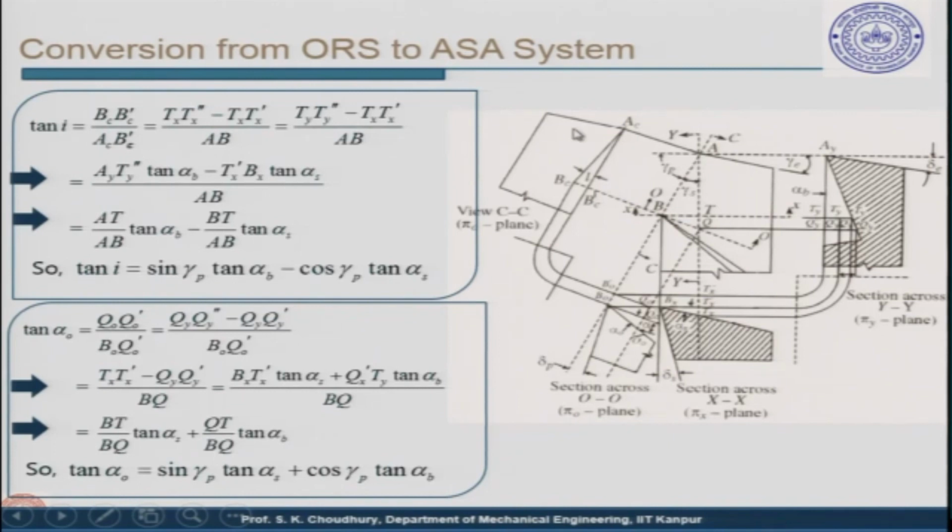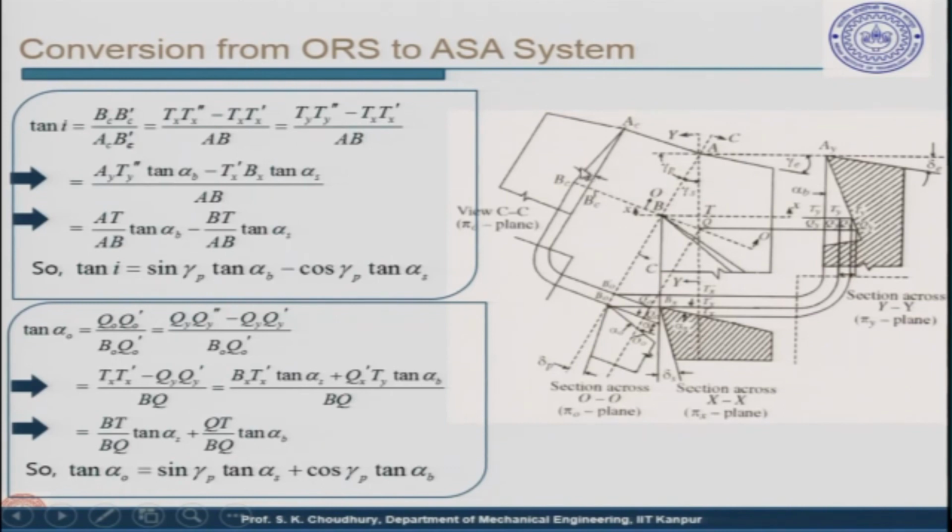So, now if we can project these points to the other views, then through simple geometry we can correlate the angles. Let us take an example.